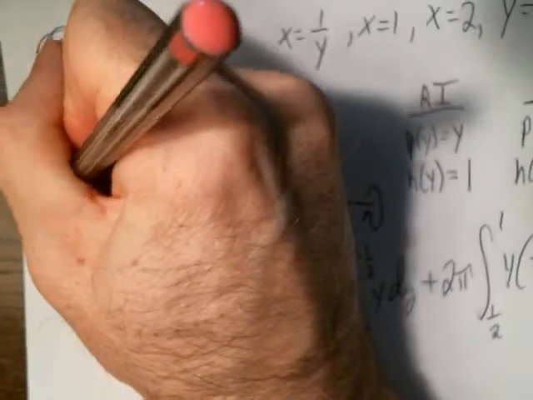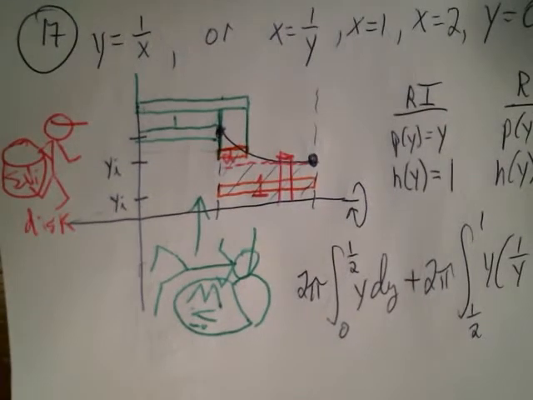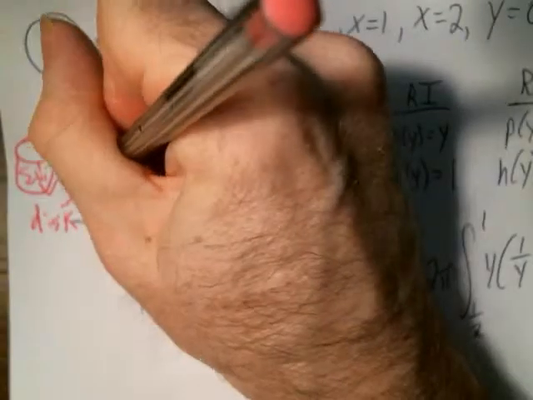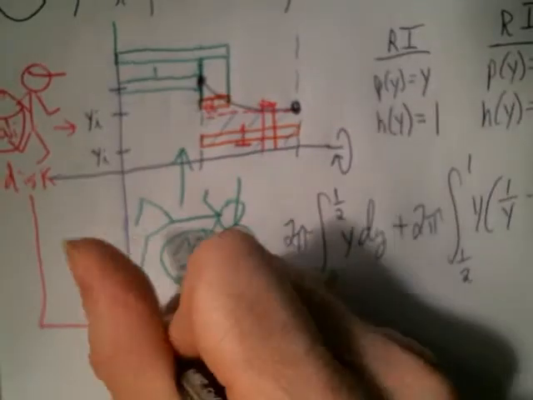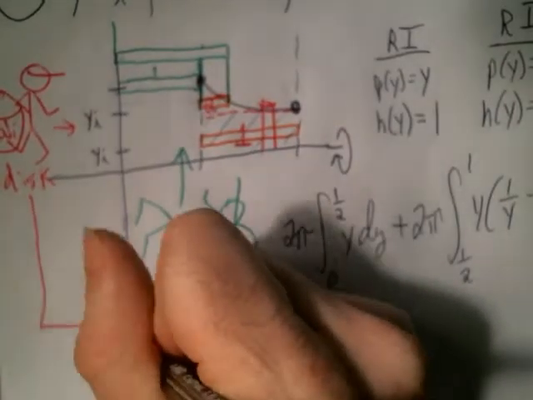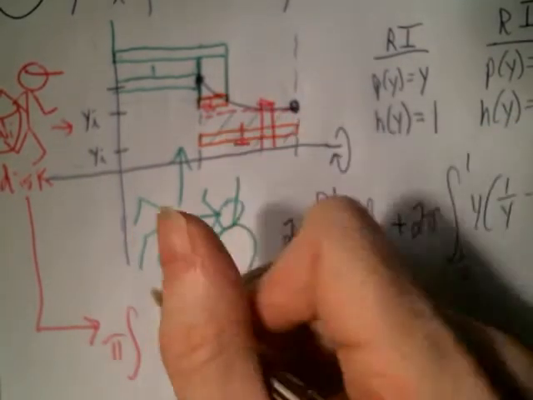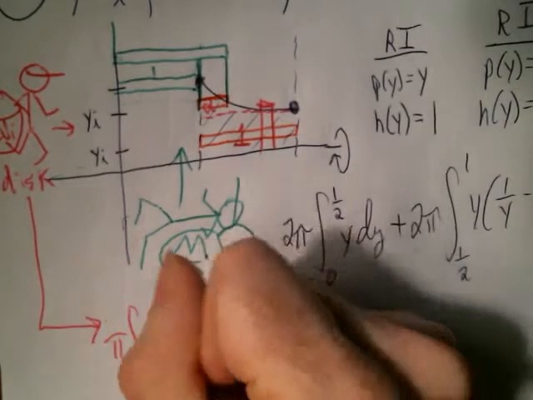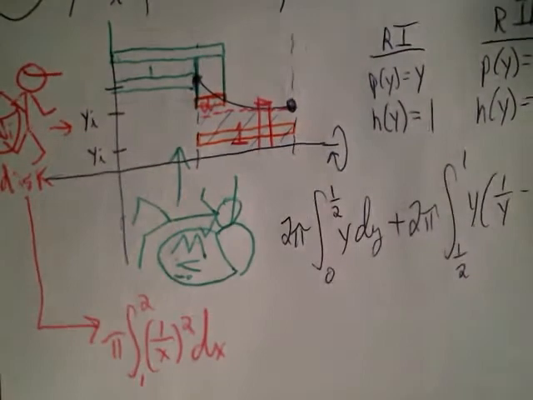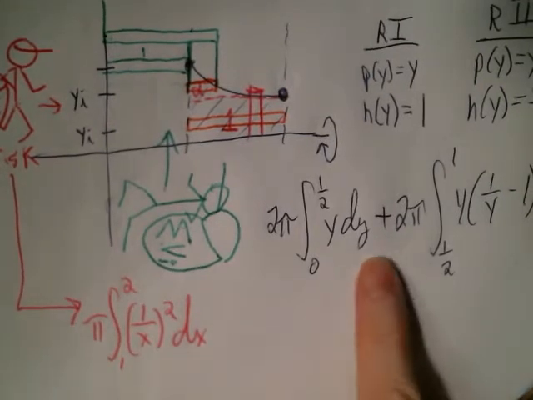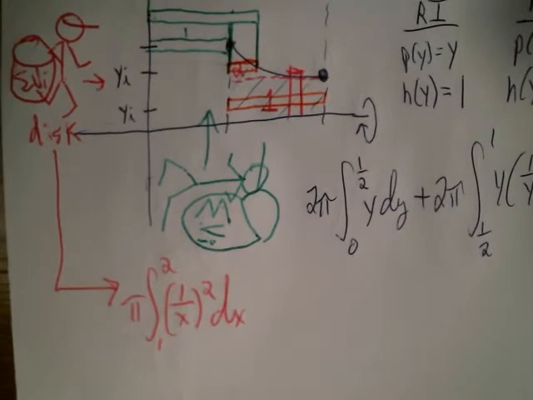So in that case, for a disk, you have the integral pi r squared h, right? So pi, our radius function is just 1 over x squared, and then dx, and we're going from 1 to 2. Okay, you'll get the same answer as this, it's just one heck of a lot quicker.